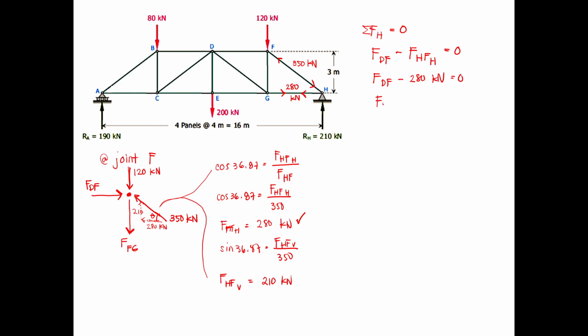Meaning FDF is equal to 280 kilonewtons, and that's in compression. So we have solved member DF with this joint.